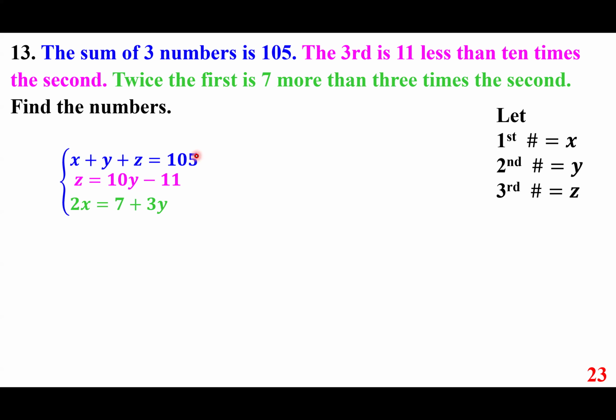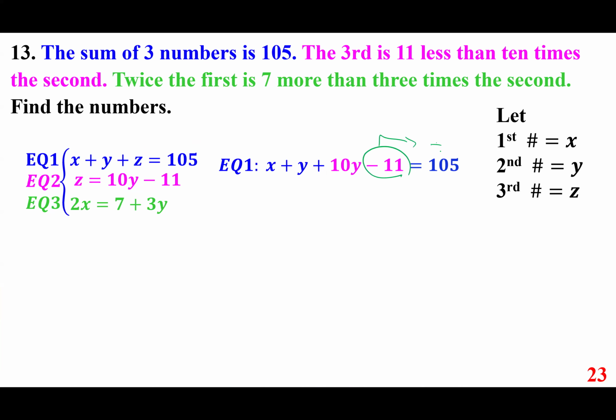So first column, equation 1, 2, 3. In equation one, we're going to replace the z with 10y minus 11. And so we get x plus 11y equals 160.